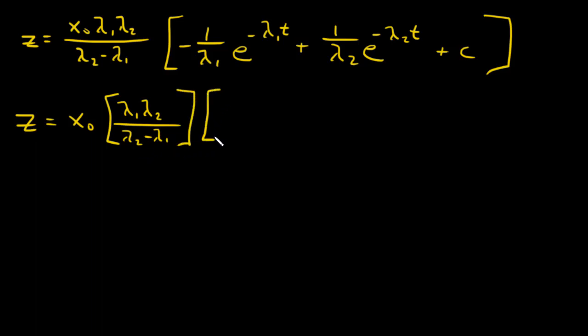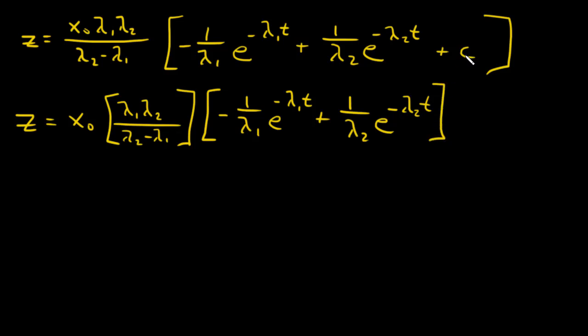And then over here everything that I have: minus 1 over lambda 1 e to the negative lambda 1 t plus 1 over lambda 2 e to the negative lambda 2 t. Now here's a slight leap of faith, because c times all this over here, which is also a constant, is just another constant. So I'm going to call that plus c right on the outside like that.